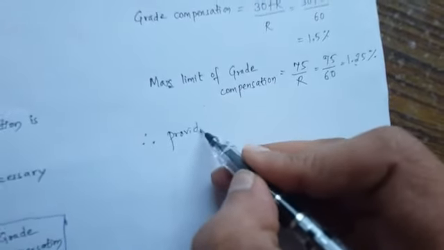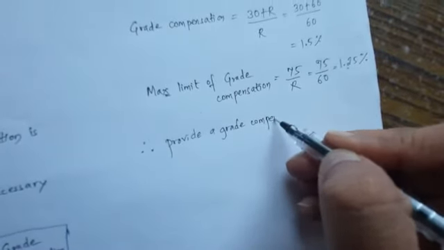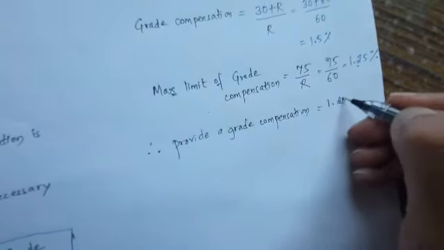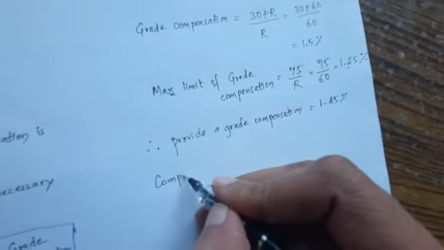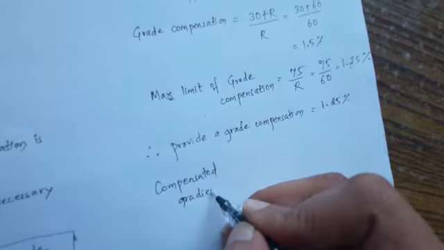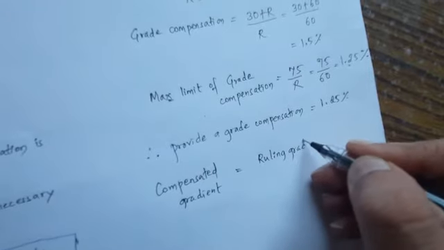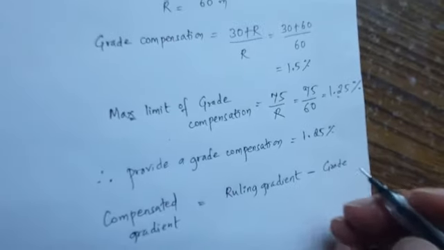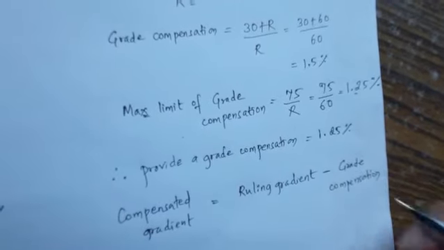So therefore, provide a grade compensation equal to 1.25%. So lastly, the compensated gradient is equal to ruling gradient minus grade compensation.